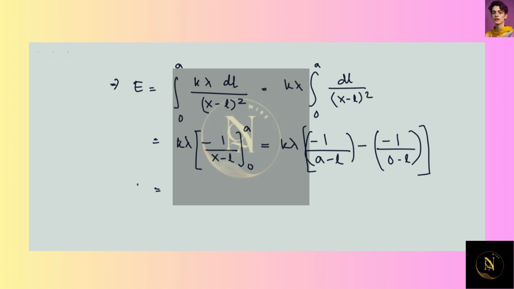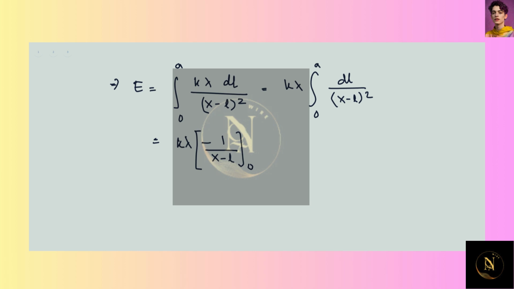And this gives the electric field to be k times lambda times 1 over... oops. Instead of substituting our values in place of x, we need to substitute them in place of L, because we are integrating over dl.